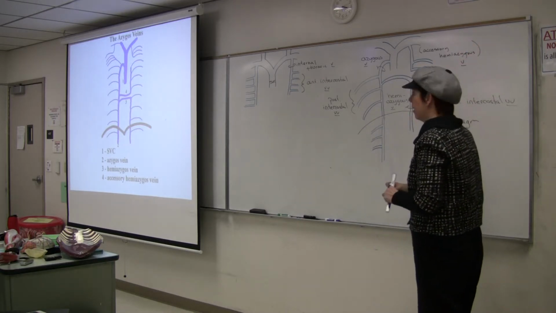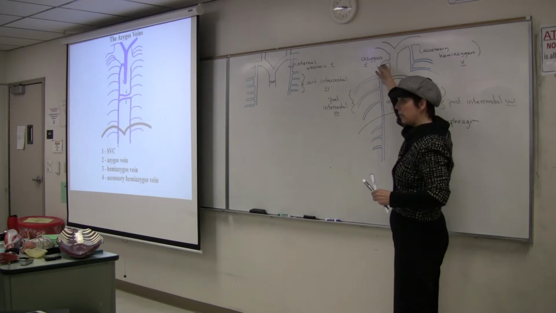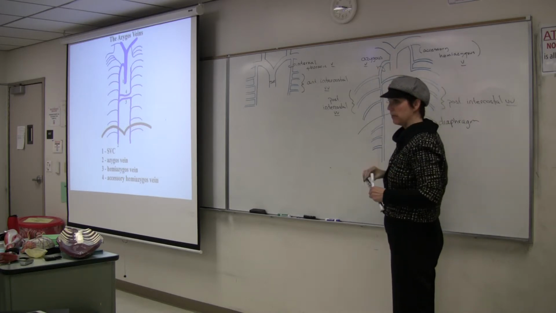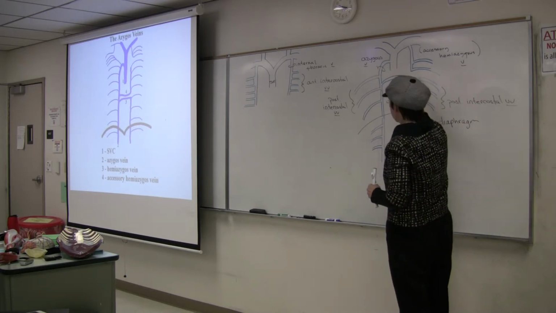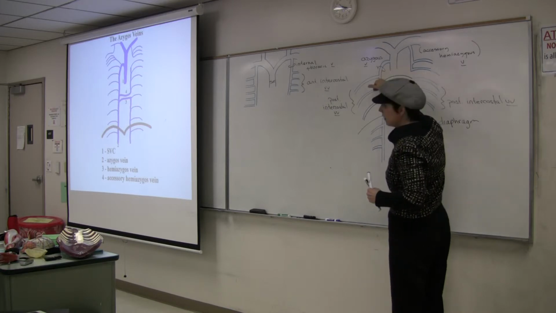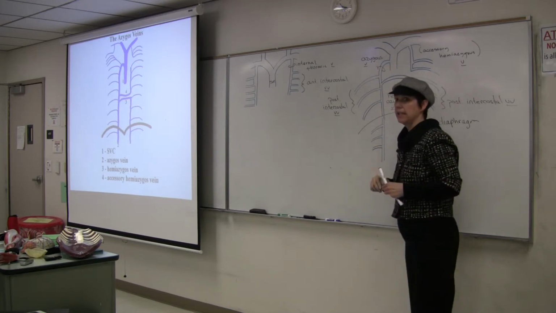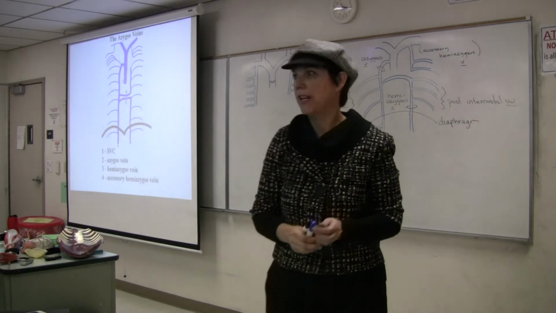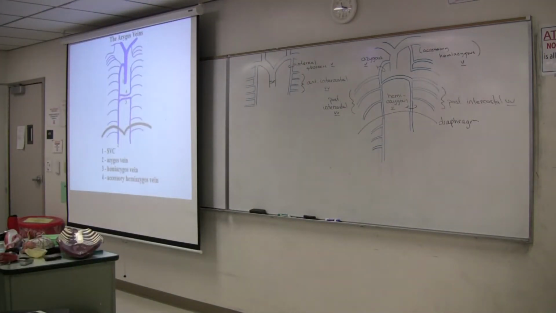Okay. So azygous on the right side, draining directly into the superior vena cava. Hemiazygous on the left side, draining into the azygous, and then from that point, getting to the superior vena cava. Now, most of you probably didn't even notice it. We have that vessel on our heart model. Three vessels drain into the superior vena cava. The two brachiocephalics that join to form it.